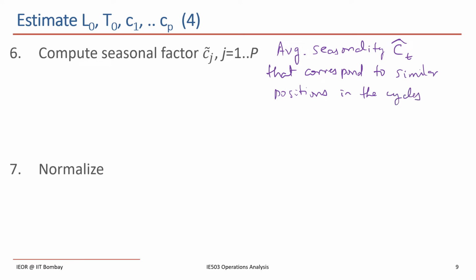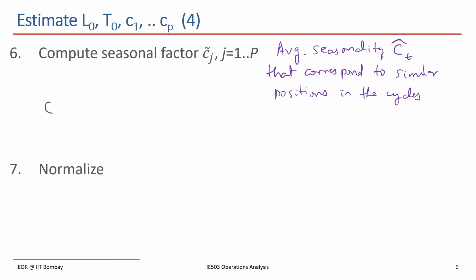That is, I have multiple cycles, we have m cycles. So the first position in cycle 1 plus first position in cycle 2 plus first position in cycle 3, etc., up to first position in cycle m. All those m data values are taken and an average of that is computed.